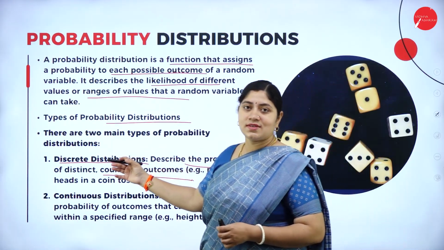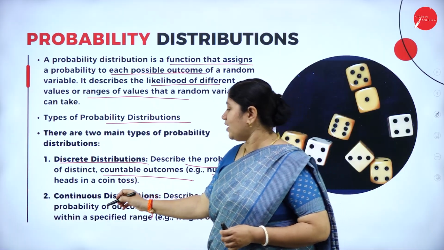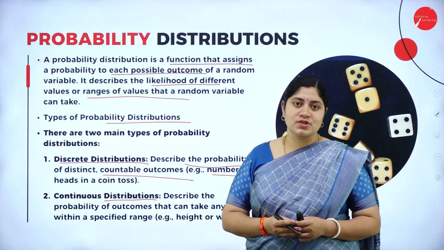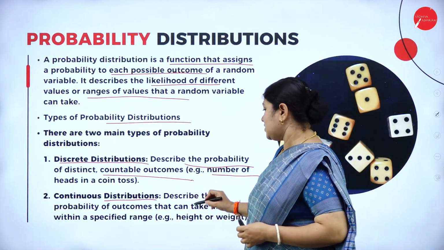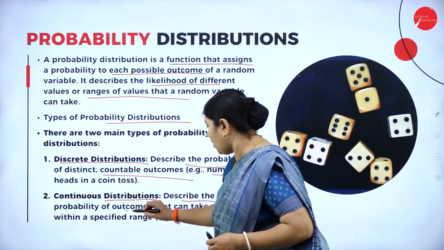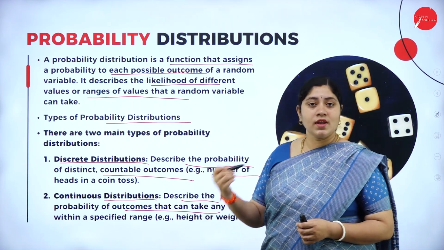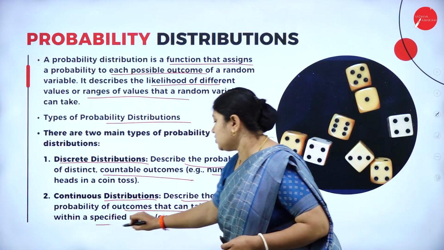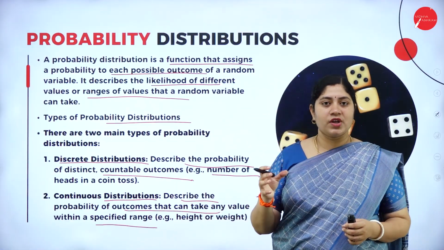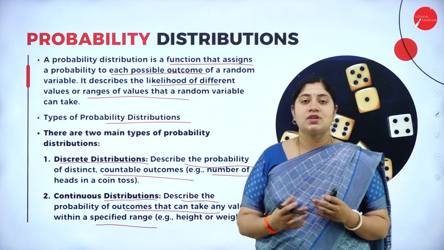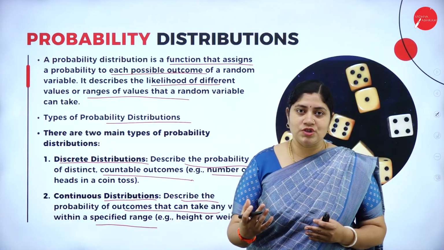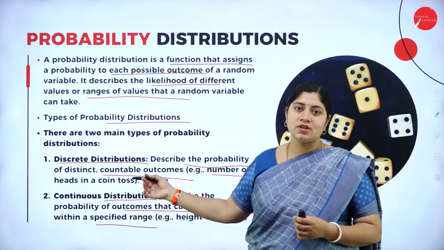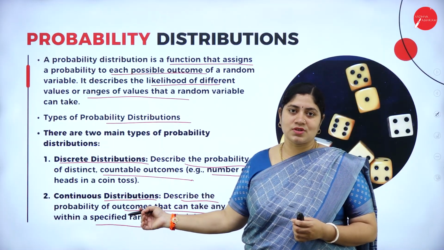Then followed by continuous distribution, the second type of probability distribution, which describes the probability of outcomes that can take any value within a specified range. There will be some range, and within that range the probability will be specified. So these are the two types, the discrete distribution and the continuous distribution.